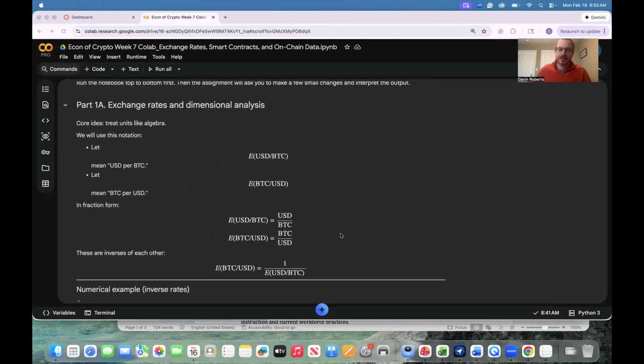Briefly, if you've taken international finance or some other finance classes, maybe exchange rates have shown up. Traditionally, when we think of exchange rates, we're thinking between two national currencies, like the US dollar and the euro, or the US dollar and the yen.